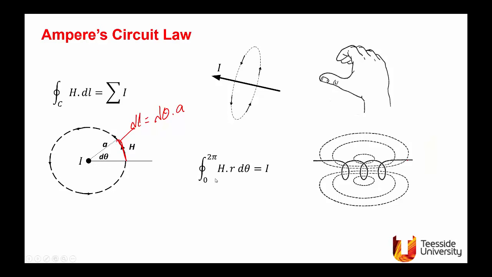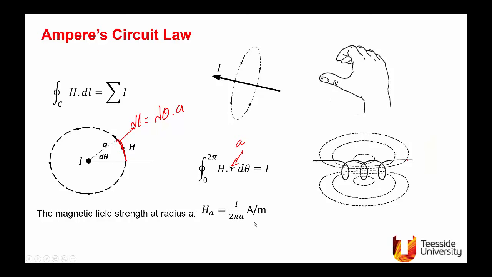That will be the integral from 0 to 2 pi of H R d theta. Actually, R here is A, and that will give you H at point A equals 1 over 2 pi A ampere per meter.